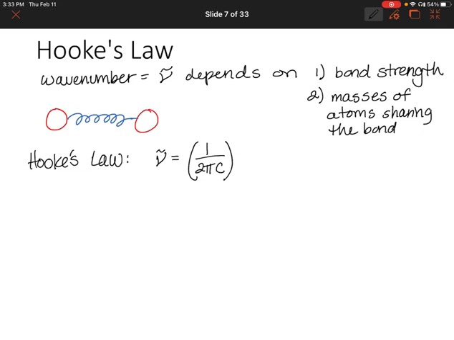So essentially that's just a constant. And then we'll multiply that by a force over something called a reduced mass, and then we take the square root of that part of the equation. So the force gives us information about the bond strength. So this is the force constant.